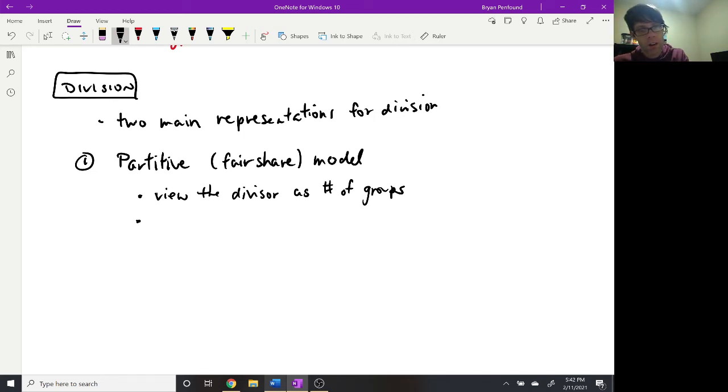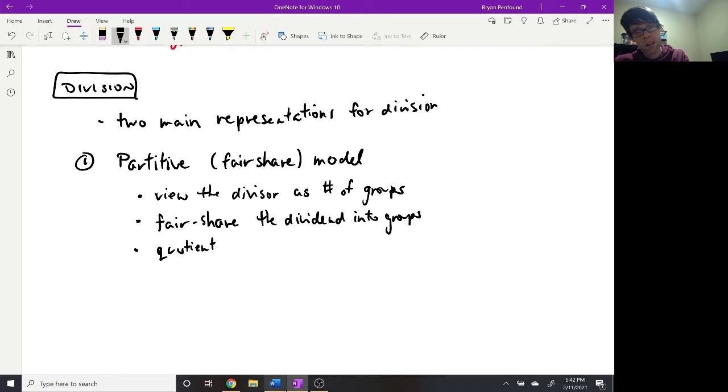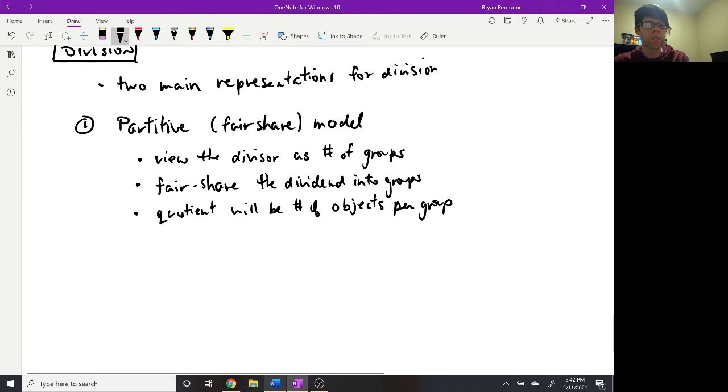So the idea with the partitive model, after we've drawn our groups, is to fair share the dividend into the groups, and then our quotient, or our final answer, will be the number of objects in each group, plus potentially some kind of remainder.